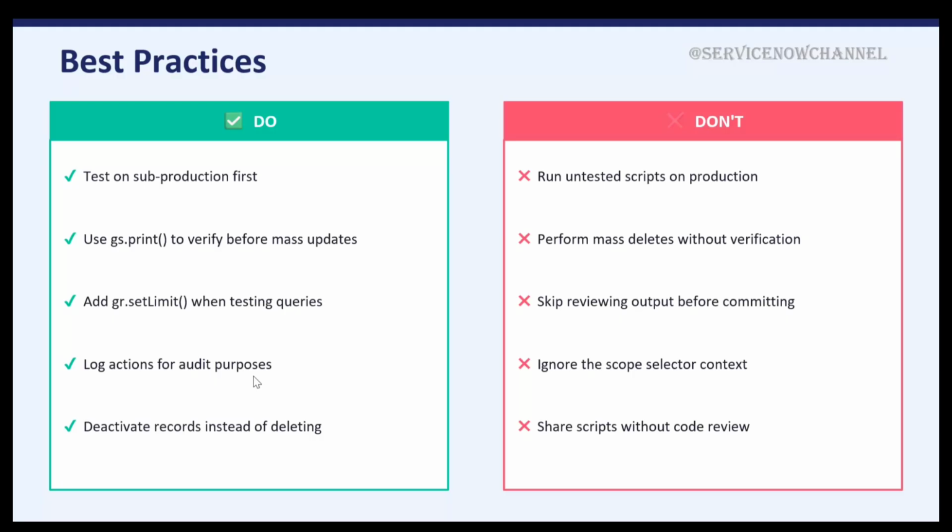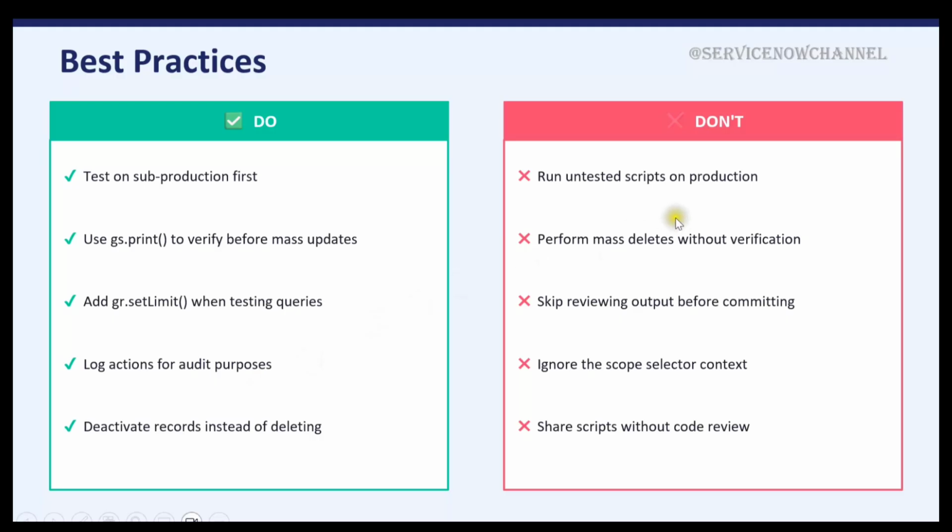So if there is an option to deactivate the records, for example, let's take 10 users, but you need to remove those users from the instance, for example production. At that time you have two options, you can deactivate or delete. But instead of deleting, if you deactivate, it's very good. So don't do any deletion, just deactivate if you have the option.